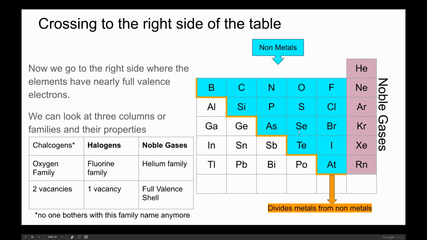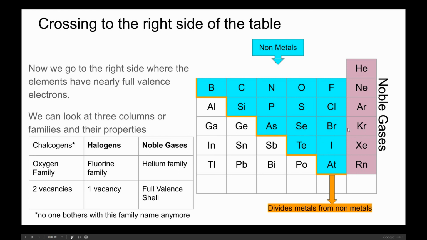Same with arsenic and selenium. That's these two outer columns. Here, and this one. This column is called the noble gases because it does nothing at all. These ones are called the halogens. And the oxygen column is called chalcogens, but no one's going to use that term anymore.